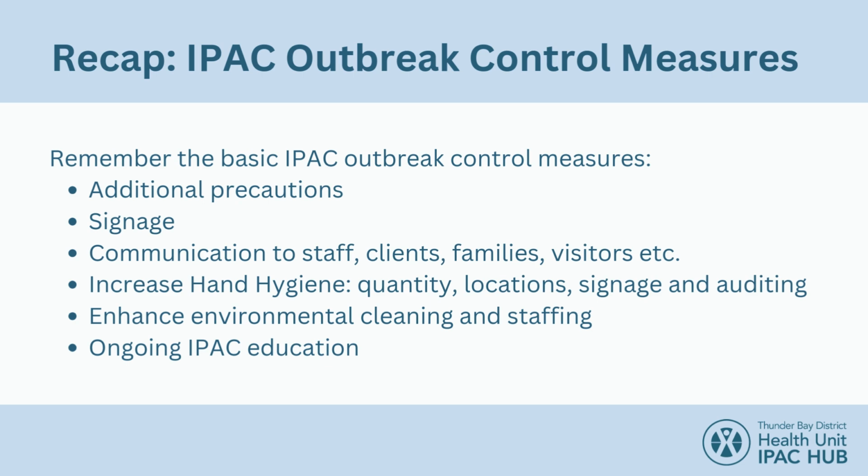You can initiate these precautions to err on the side of caution, and if required, you can remove them as needed. Signage is used to indicate any additional precautions for that client, and signage is also used for the building to swiftly communicate what is occurring on site. Continuing on with communication, it also allows it to be clear and concise to get that information out to all your staff, clients, families, and visitors.